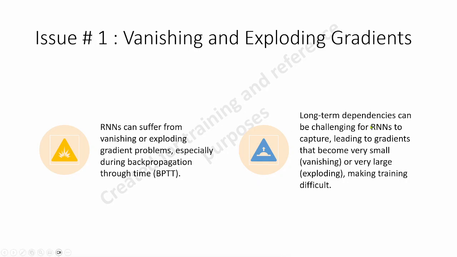But since sequence processing is repeated over a period of time steps, the issue with vanishing and exploding gradients becomes really significant. And that can affect the performance or the model training of recurrent neural nets. We'll see how this is addressed by using the improvised architectures like LSTM and GRUs.